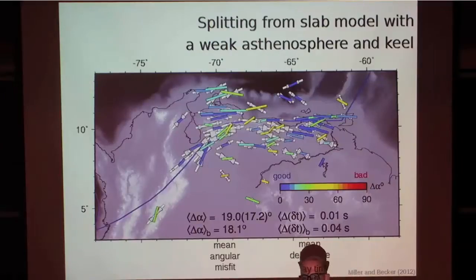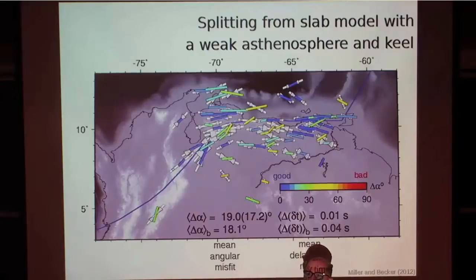And I think this separation of frozen-in and presently generated anisotropy is an interesting one, and it can be addressed in a number of different ways. I focused on the flow-based anisotropy, but for example, in work we did on radial anisotropy, we were able to show that we can match part of the signal, and the part that's missing in the old continents is consistent with the frozen-in signature, right?